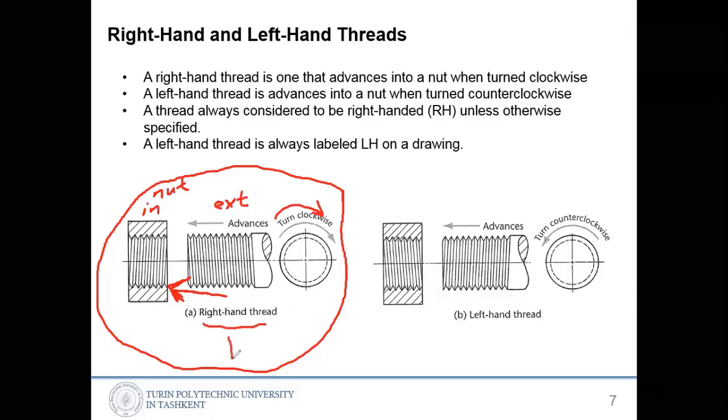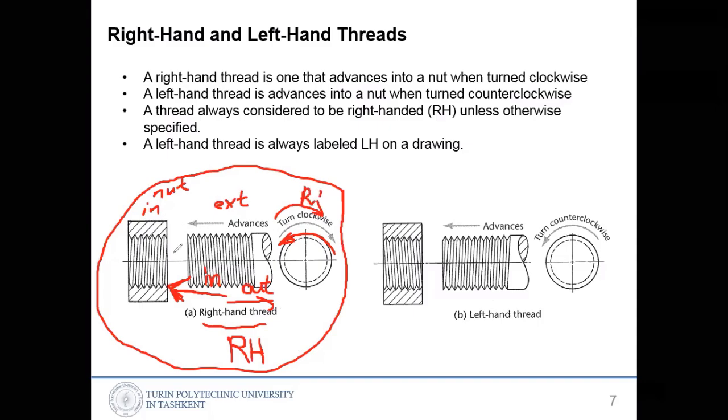We use characters as a label like this, RH. That means right hand thread. To take this out in this direction, you need to rotate counterclockwise. So that is a right hand thread. To screw in, you need to rotate to the right hand side.